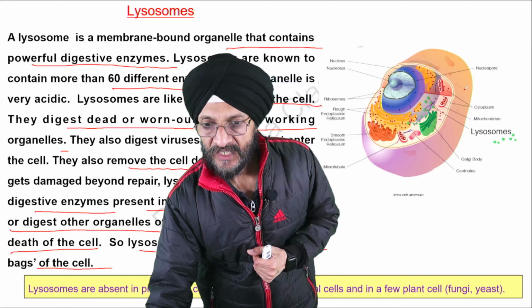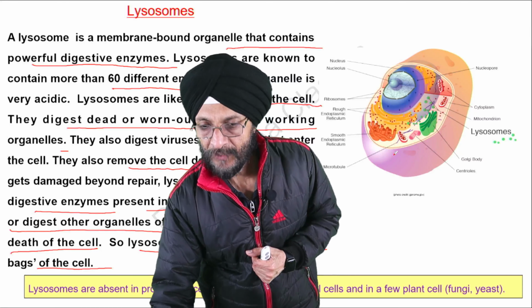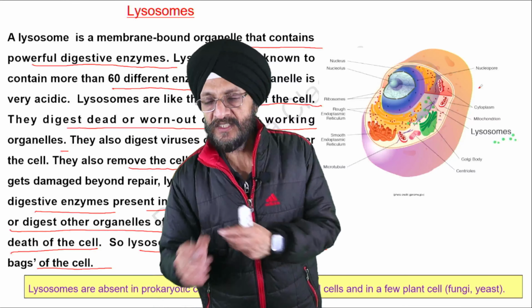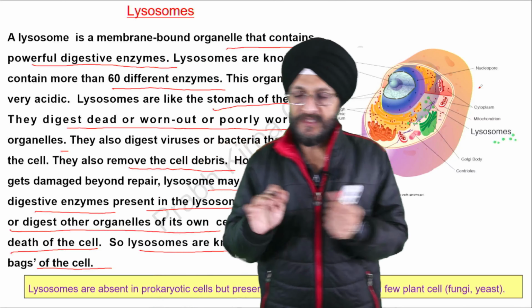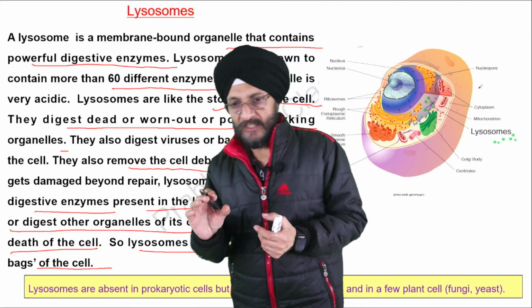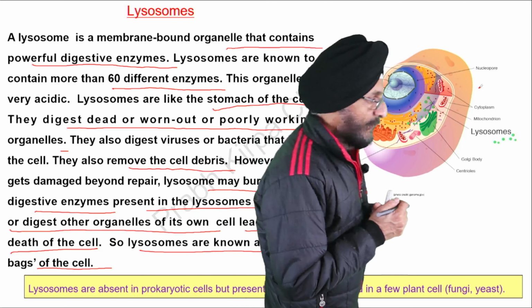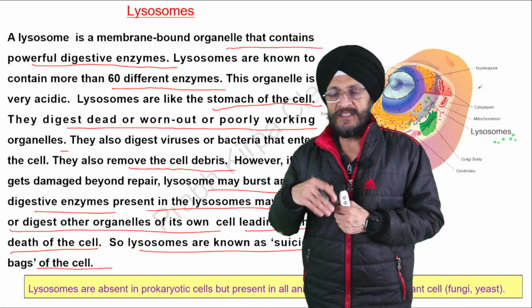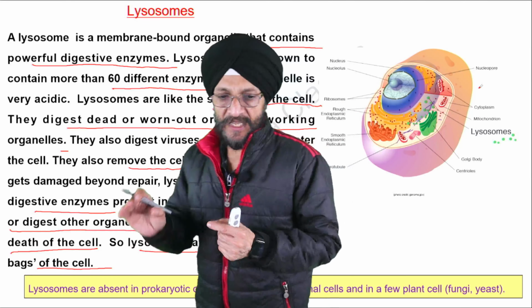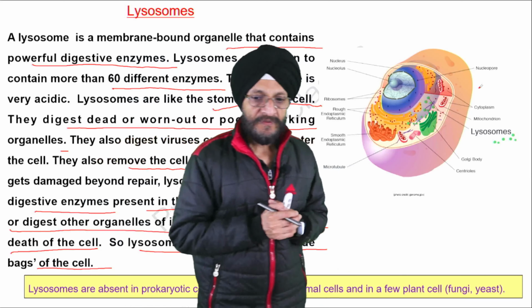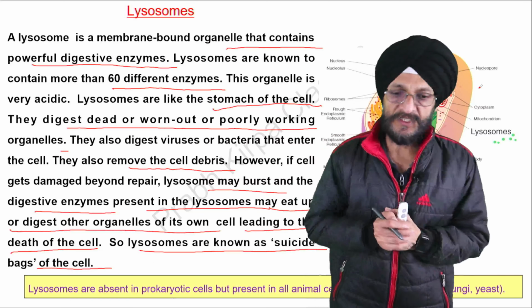So it means that if the cell is damaged from any part and it is not repairable by the internal system, then the lysosomes which are present inside the cell will eat all the other organelles which are present inside the cell, which will lead to the death of the cell.